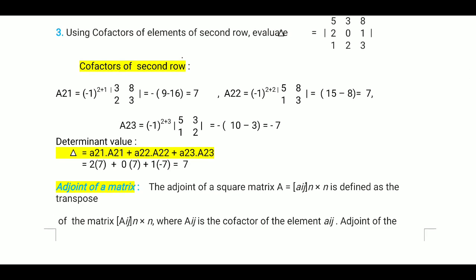And now how will you calculate the value? The determinant value is obtained by the sum of each element times its cofactor in a complete row. So it will be A21, the element, into capital A21, its cofactor, plus A22 the second element into capital A22 its cofactor, plus A23 the element into capital A23 its cofactor.